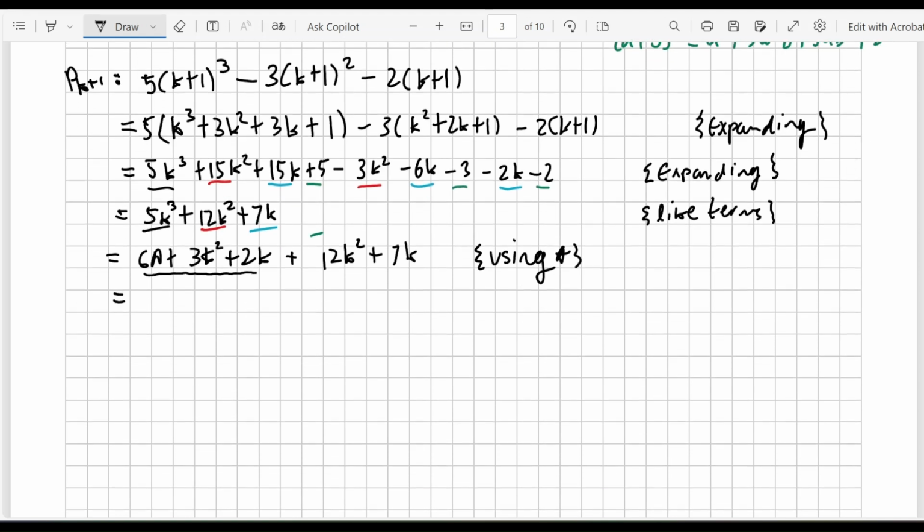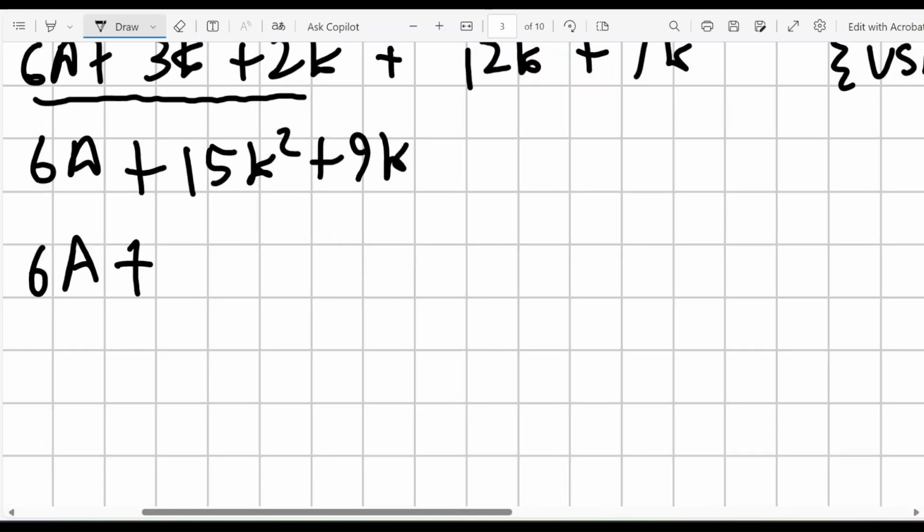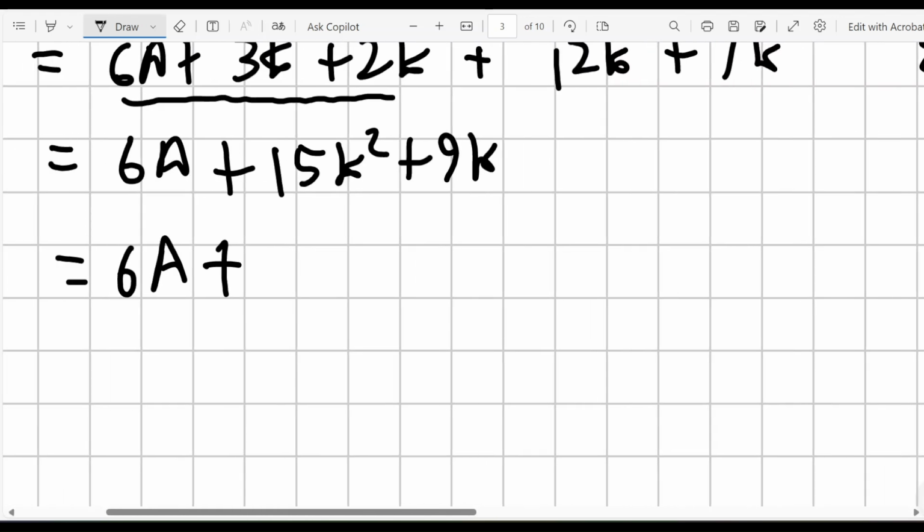All right, so this is going to be 6a, we'll collect our like terms, so that's 15k squared and 9k. And I'm going to leave the 6a there because that thing already is divisible by 6, that's good. And let's see if we can pull out 6 as a common factor from the last bit. We can't, is the short answer. But what we can do is pull out 3 and also k. So we're left with 5k for that first term, and then plus 3 for the next term.